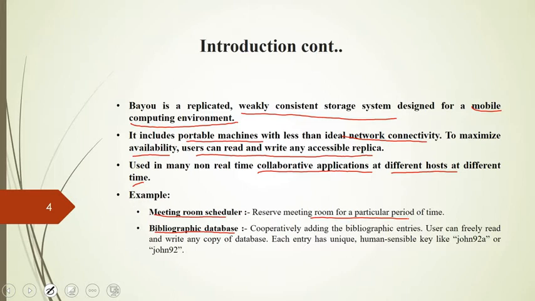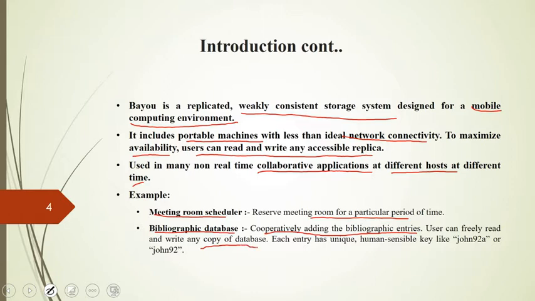Next, when we consider the bibliographic database, it allows users to add entries to a database. It can also be done cooperatively, adding the bibliographic entries. In this, the user can freely read and write any copy of the database.